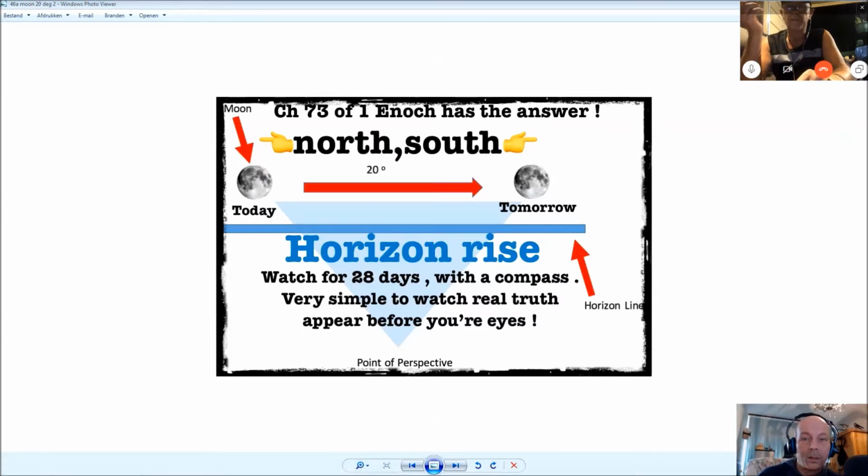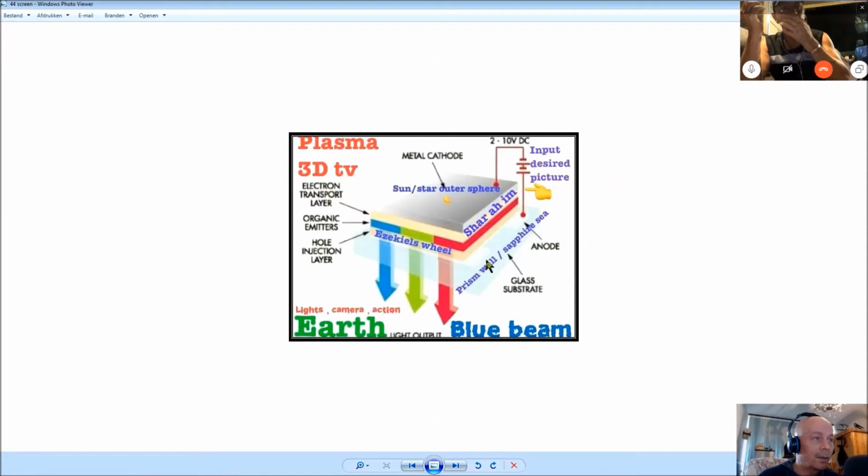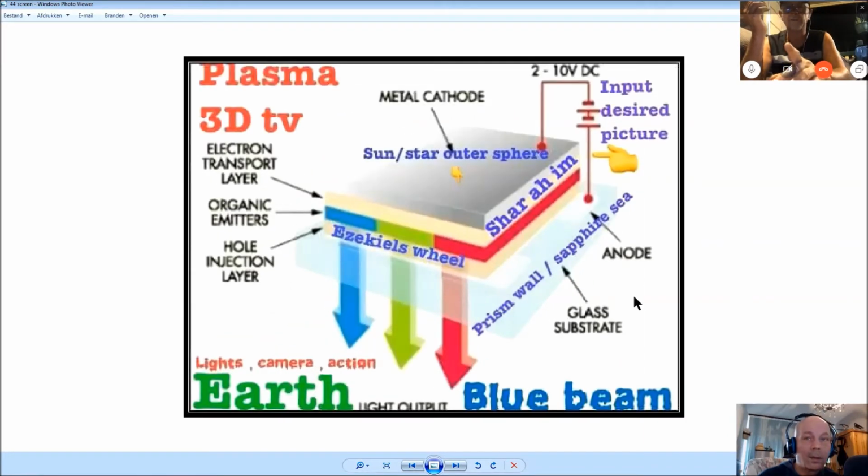People need to see that one after that one. The one of my painting. It's showing how it's used as a plasma TV. When we were looking, I said you need to take the two of them together.